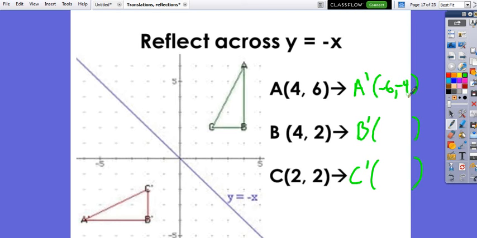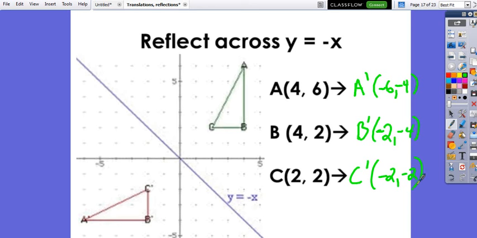You'll know what the rule is. It'll say reflect across the line y equals -x. So you look for the rule, and then you just do what it says. Ty, what do we do for this one? -2, -4. There you go. Good. And Kari? -2. Very good. Very simple.